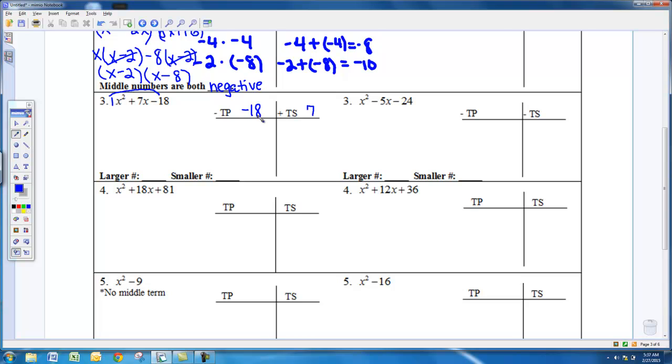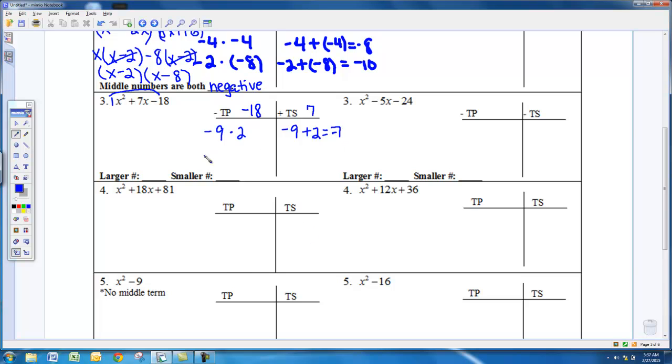So two numbers that multiply to make negative 18. Well, I'm going to do, let's see. I know that negative 9 and 2 multiply to make negative 18, but when I add those, I get a negative 7.